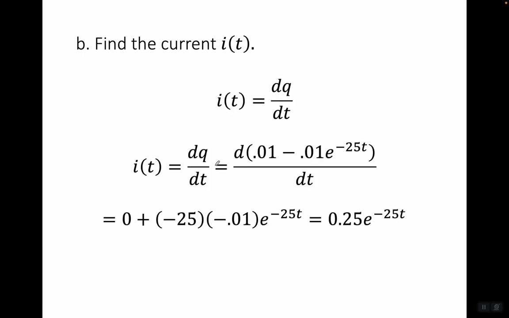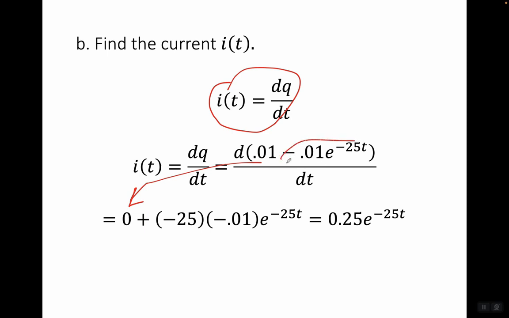Now find the current I of t. It turns out that the current I of t is the derivative of the charge, dQ/dt. So let's take the derivative of Q. Q, remember, was 0.01 minus 0.01 e to the negative 25t. When we take the derivative of that, here's what we get. The derivative of 0.01 is just going to be 0.